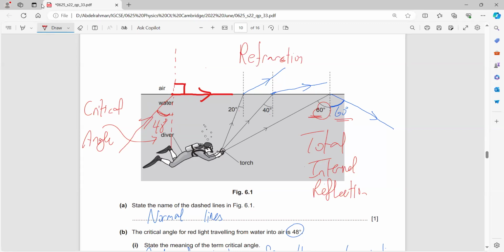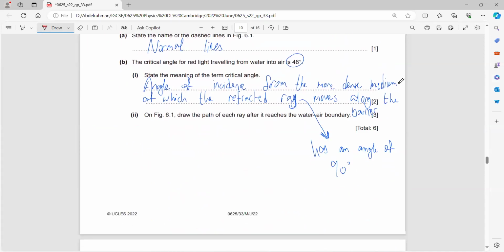Why? Because the angles 40 and 20 are less than the critical angle. What happens if the angle increases above the critical angle? Total internal reflection, meaning that all of the rays will be reflected back inside the medium. Okay, I hope that helped. Okay, thank you, Mister. Anytime.